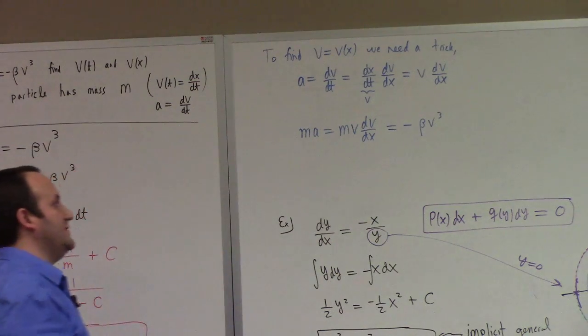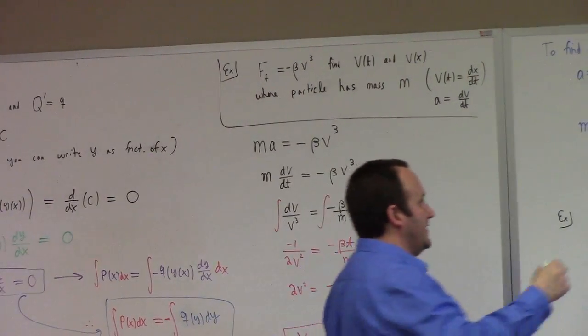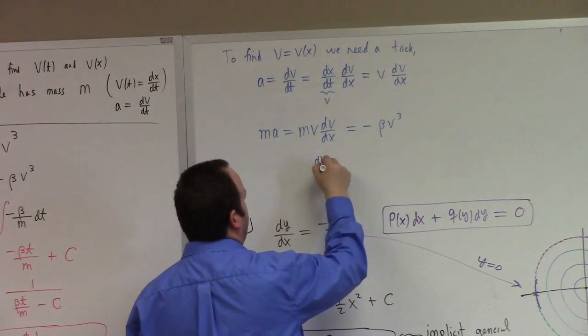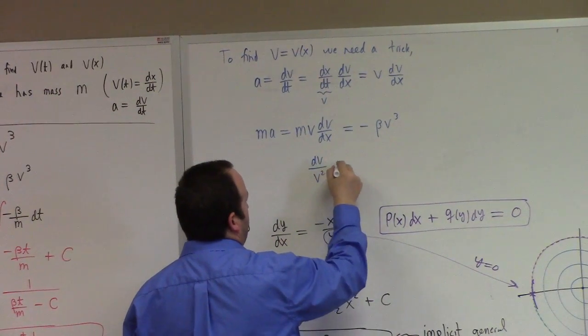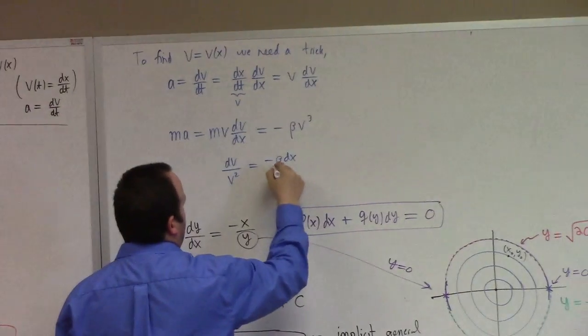And so to find the velocity as a function of position, I face a slightly different problem. So I separate variables. What do I get? This time I get dv over v squared is equal to minus beta dx over m.